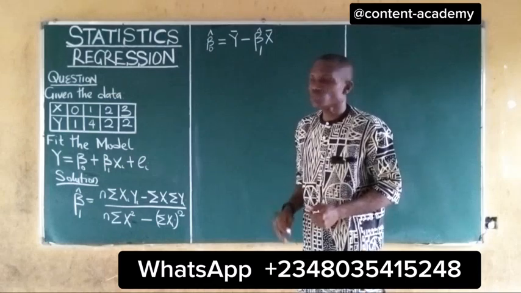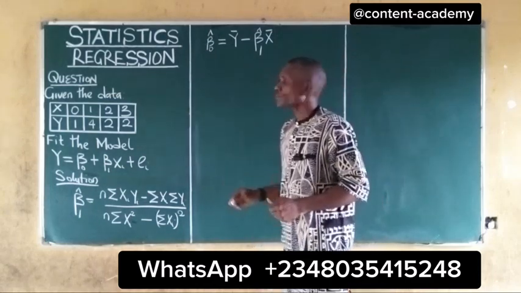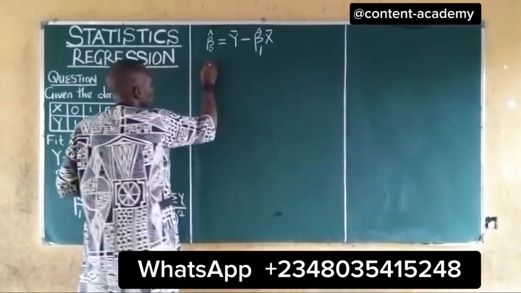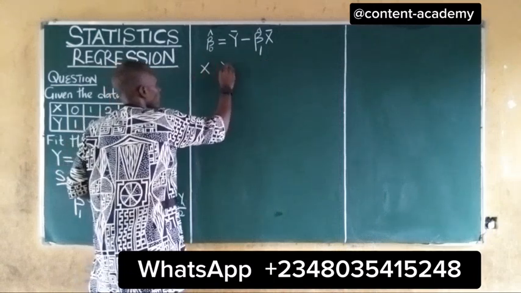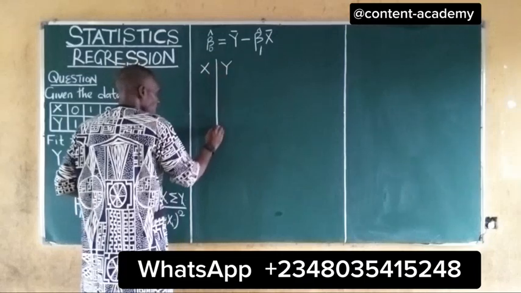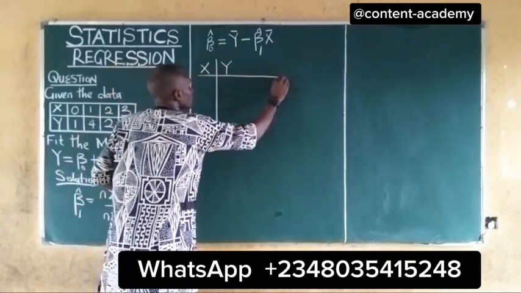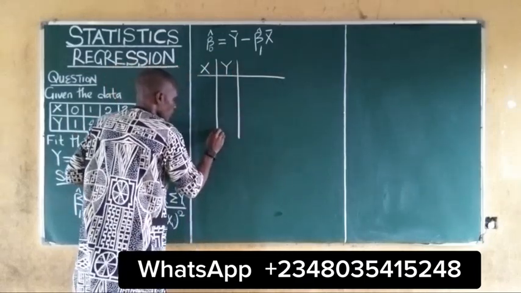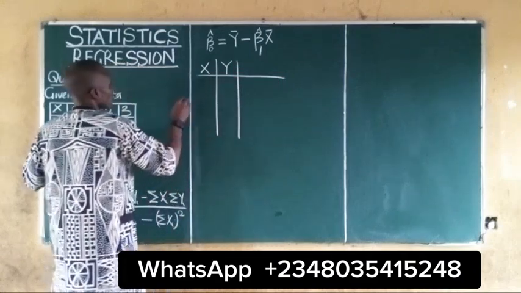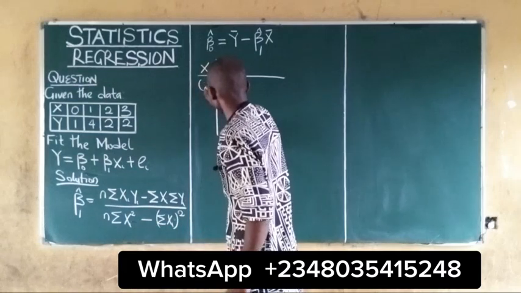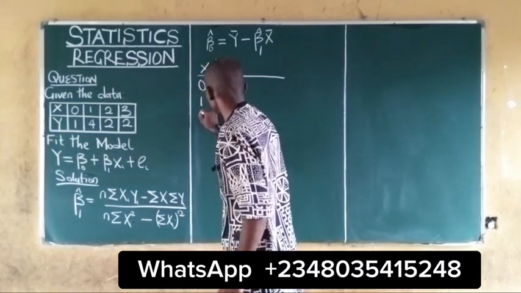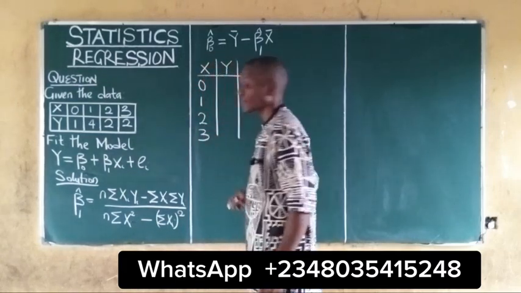The next thing to do is to spread this out. How do we go about it? We write out x and y, the values, the data given. We have x values as 0, 1, 2, and 3.